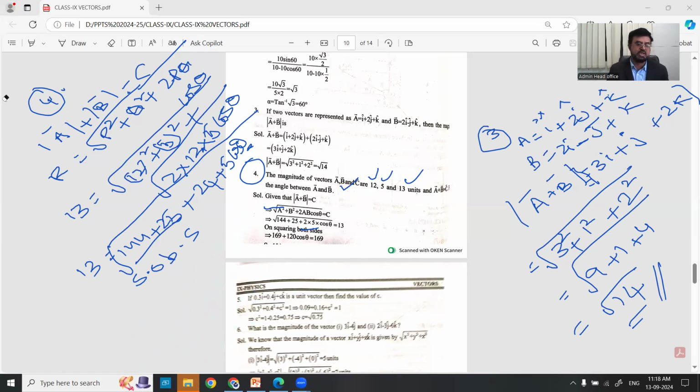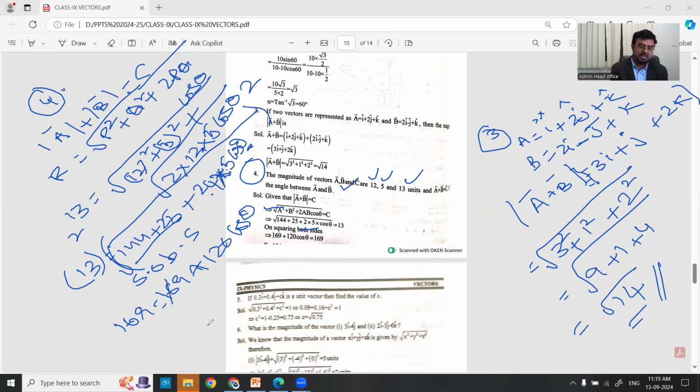When you square on both sides, the LHS is 169 because 13 square. Then the right side is again 169 plus 2AB, that is 2 into 12 into 5, which is 120 cos theta. So the 169s can cancel.